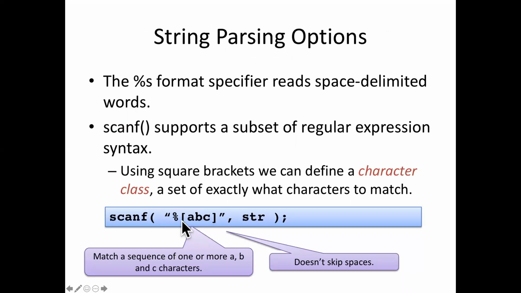So here I'm saying, read any sequence of A's, B's, and C's in any order and store the result in this string. If you do that, it doesn't do the white space skipping anymore, but we'll show how to fix that. But this lets you pick what you want the string to be made of just by listing whatever characters you want. How could you use this?